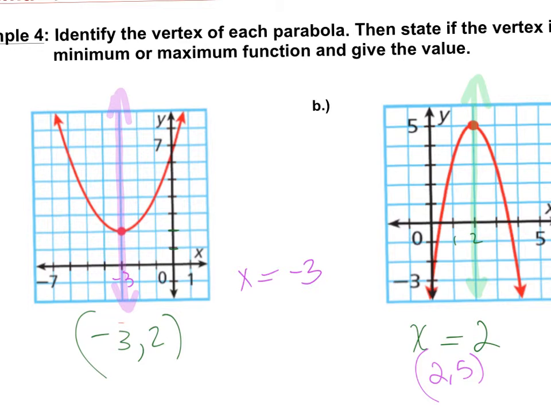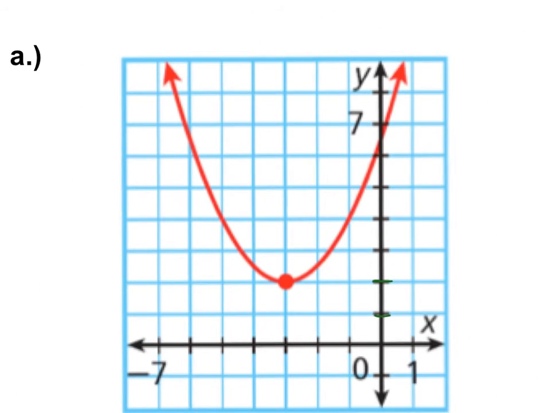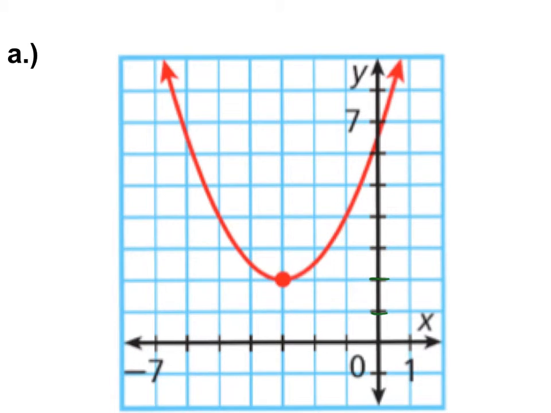Okay, we're going to do a lot of this stuff. Now, when I'm looking at the parabola, we're going to talk about domain and range. Let's just look at letter A, please. If I asked you, what is the domain of this function, what letter needs to come to mind? X, because we learned that domain is the x values. So it's asking you, what are the x's that are part of this graph?